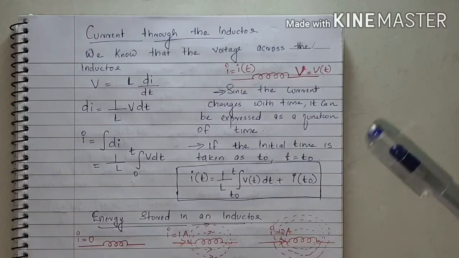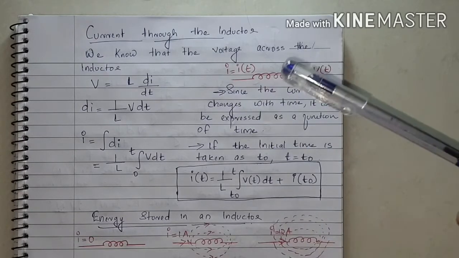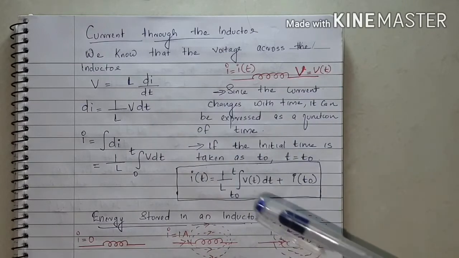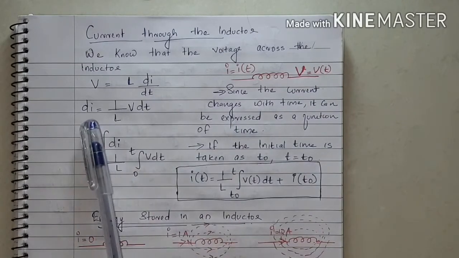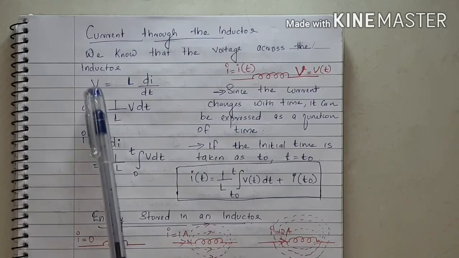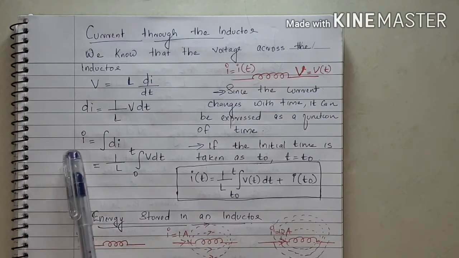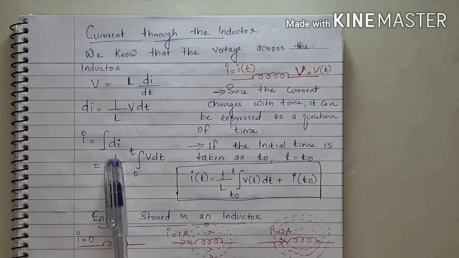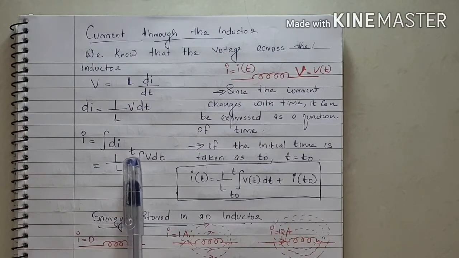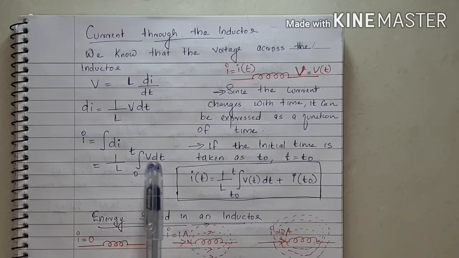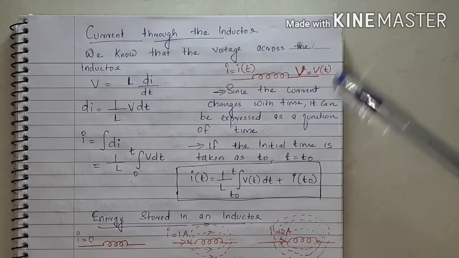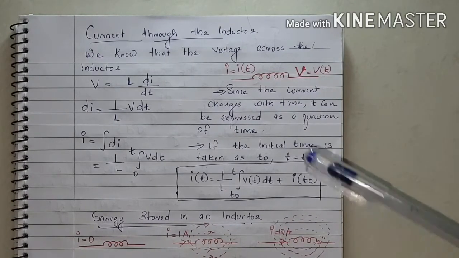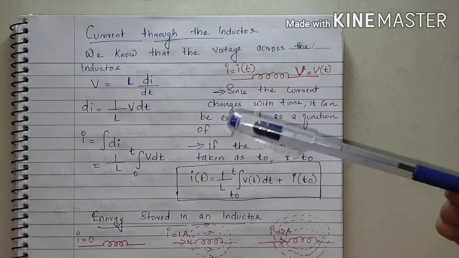We know that the voltage across the inductor in terms of rate of change of current is V equal to L di by dt, where di can be written as 1 by L V dt, and I is equal to the integral of di, which equals, taking 1 by L as constant, 1 by L integral from 0, the initial time, to t, the final time, of V dt. Since the current changes with time, here we are expressing it as a function of time.